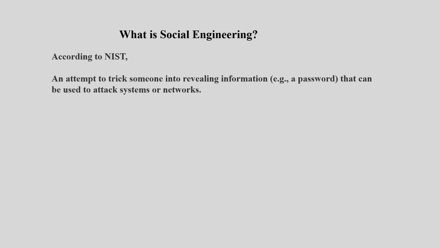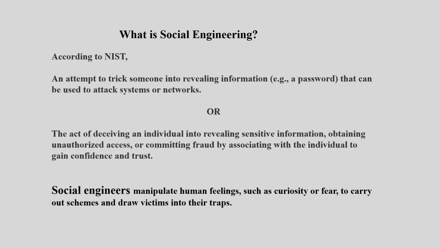what is social engineering. Okay, according to NIST, or the National Institute of Standards and Technology, an attempt to trick someone into revealing information, example a password, that can be used to attack systems or networks, or the act of deceiving an individual into revealing sensitive information, obtaining unauthorized access, or committing fraud by associating with the individual to gain confidence and trust.